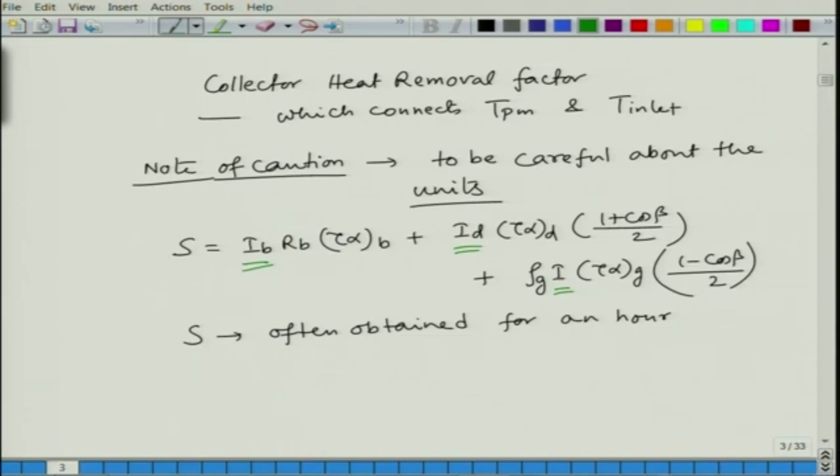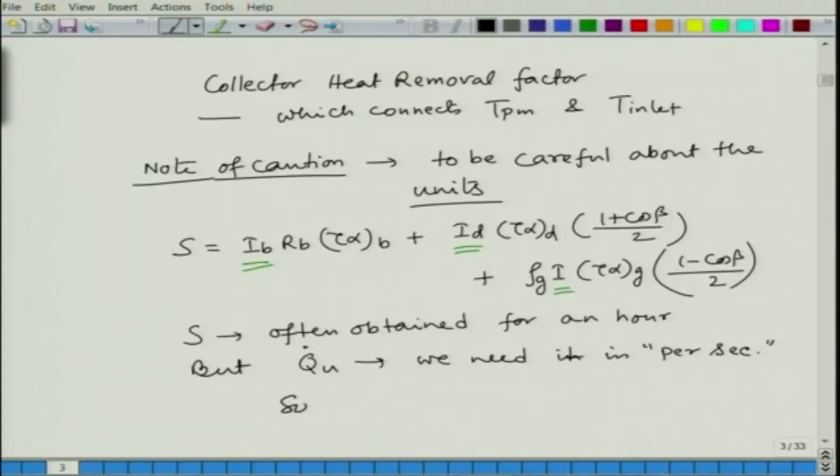So, if you plug those quantities, S will also be obtained per hour. But this quantity Qu, we need it per second. The useful heat we do not consider per hour, we consider it per second, or at maximum per minute.